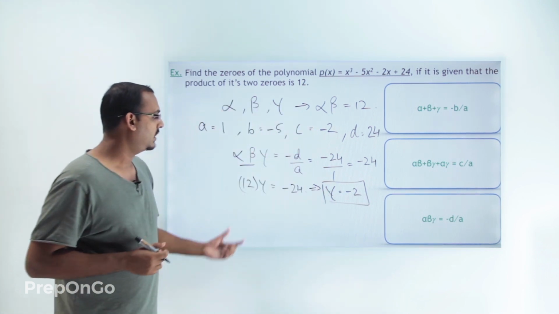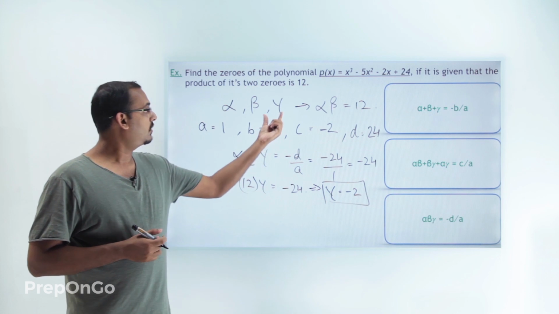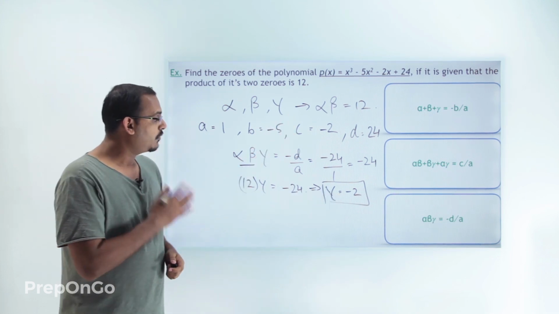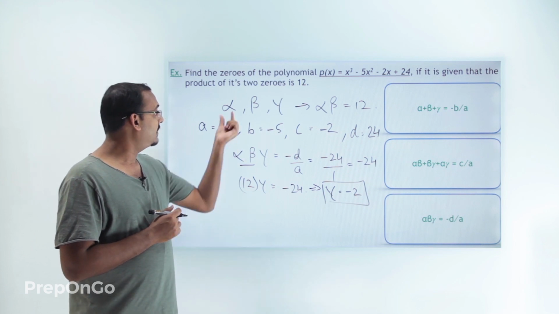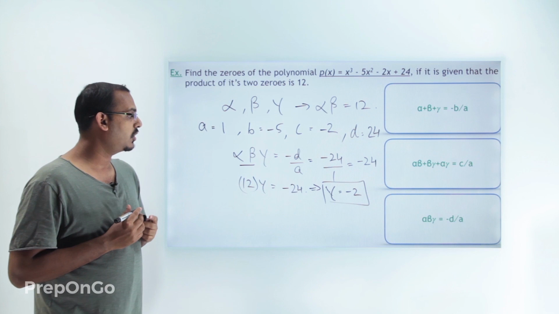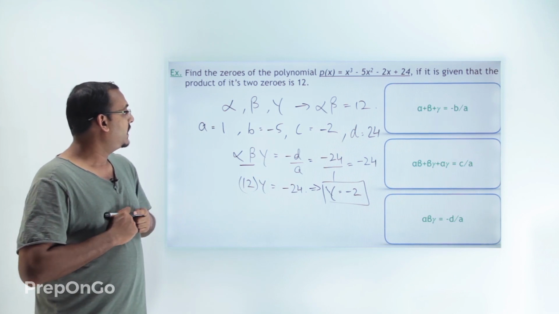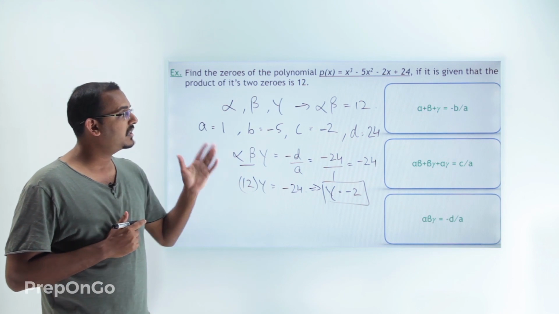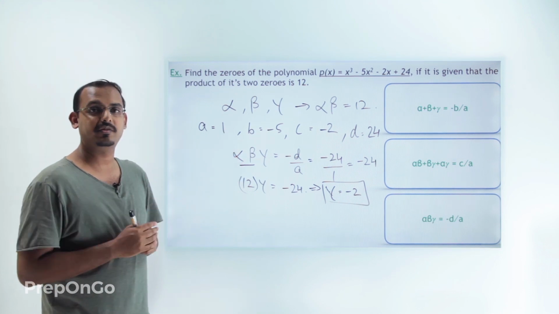So we have found that the value of gamma, one of the zeros of the given polynomial, is minus 2. Now we have to find the values of alpha and beta, which are the other two zeros of the same polynomial. We have the first expression, which tells us alpha plus beta plus gamma is equal to minus b by a.